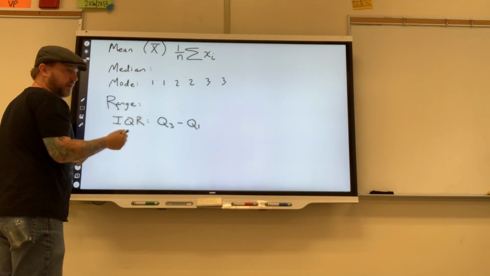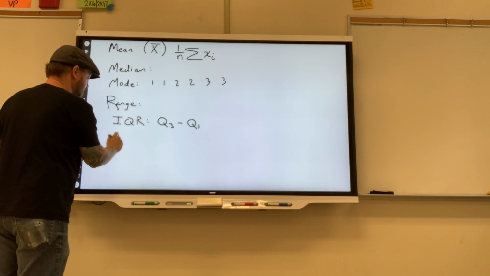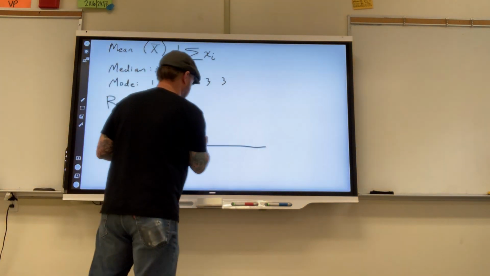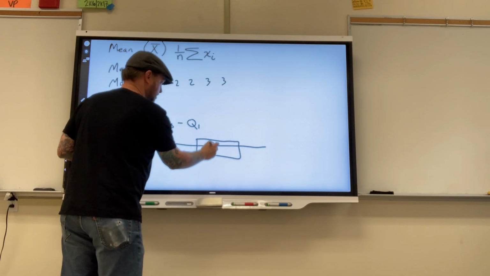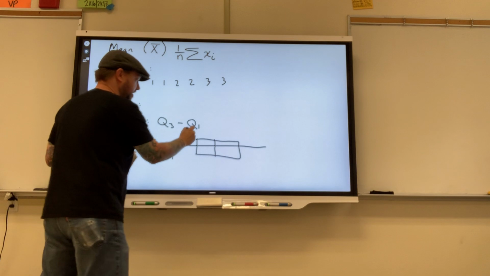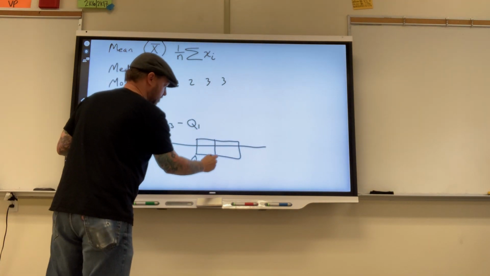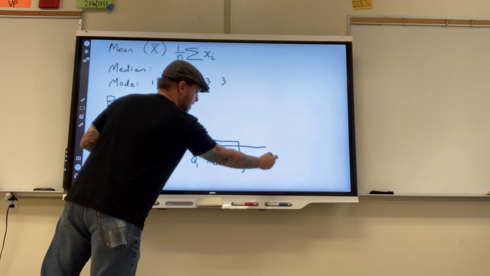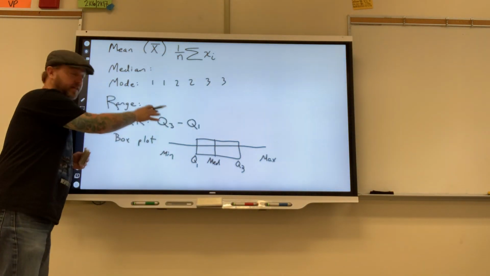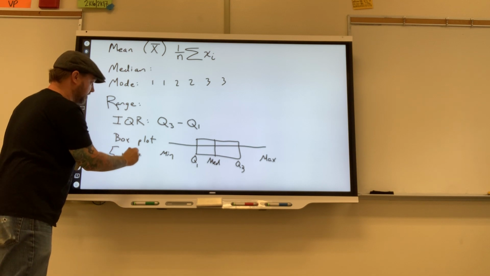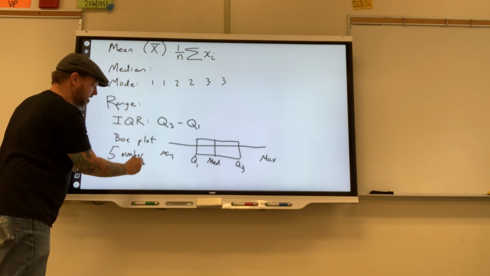If you want to do a box plot, this is min, Q1, median, Q3, maximum. This is what's called your 5-number summary.